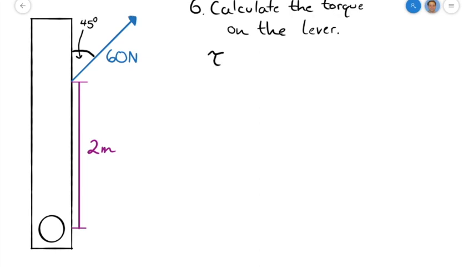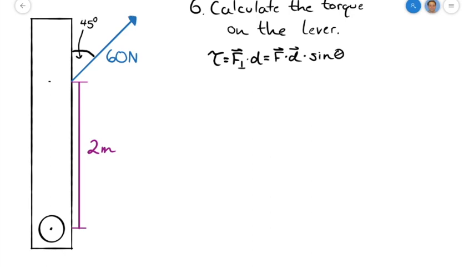Instead of doing torque equals the perpendicular force, which we're not provided, times the distance between the pivot point and where the force is being applied, we're going to have to use force times distance times sine of theta. And theta is the angle between the force vector and the direction of the lever.